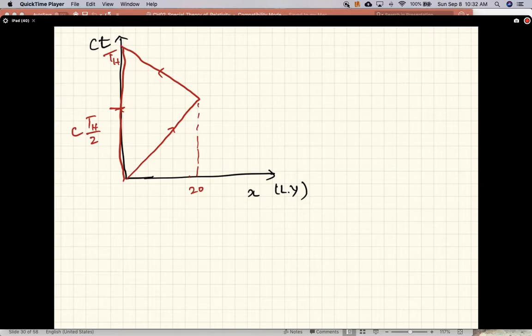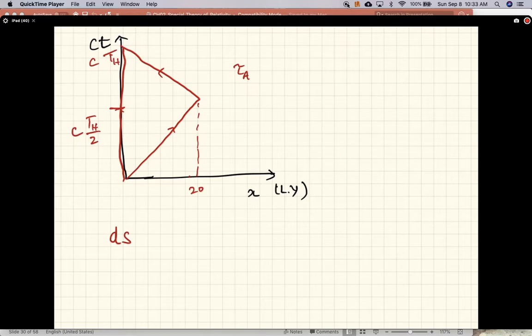Now let's calculate the proper time for the astronaut. We'll call the proper time for the astronaut tau A. We'll calculate the interval for the astronaut on his outward journey.